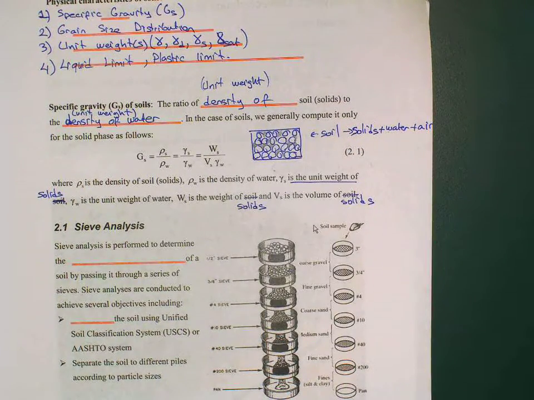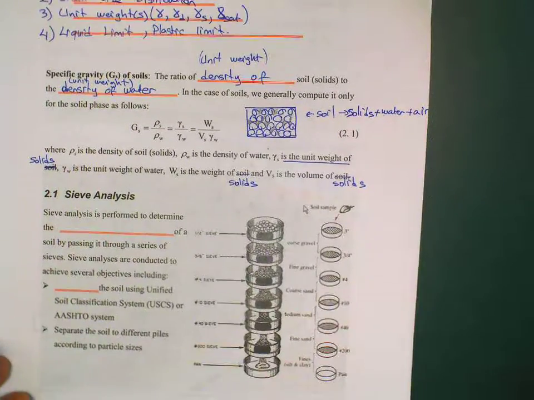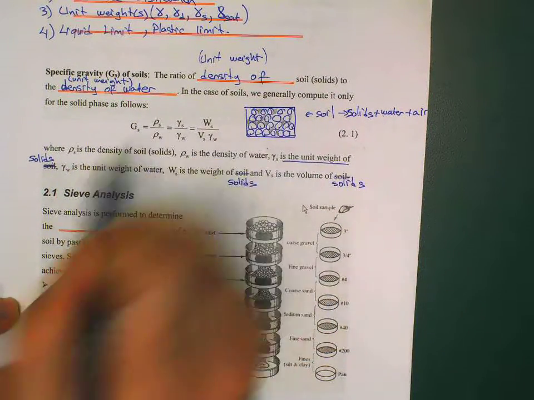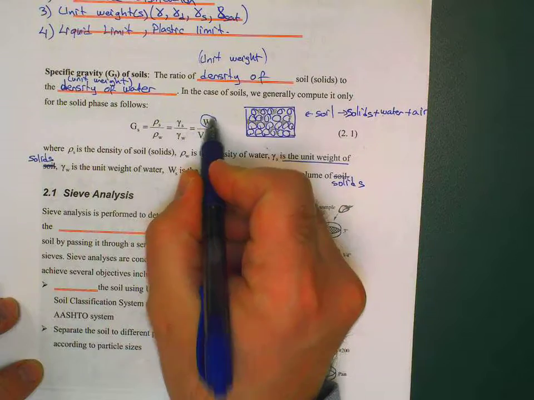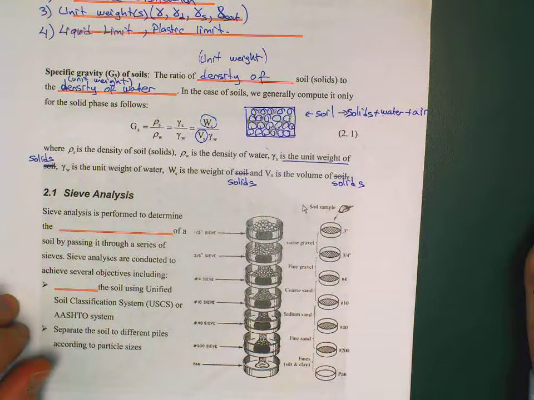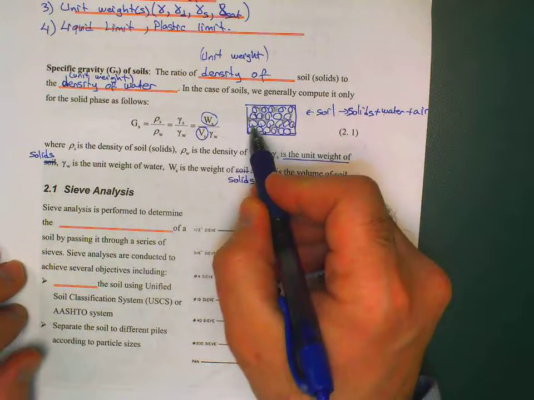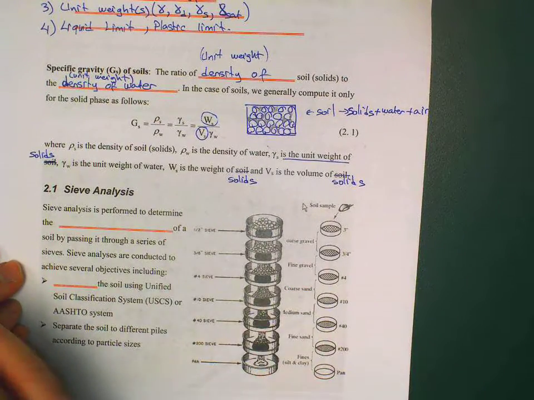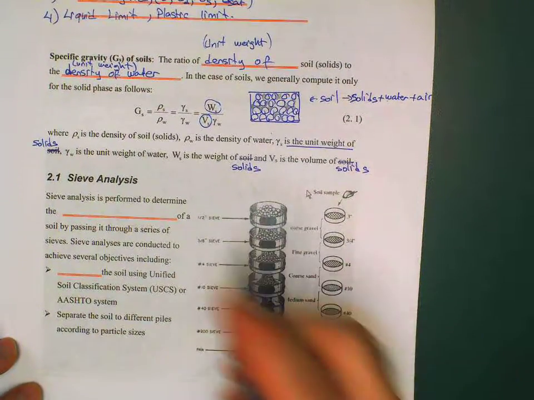So there are three phases. Phase diagram includes three portions: solids, water, and air. So this is the solid portion, the weight of the solids divided by volume of the solids. That does not include the water, it doesn't include the air either. So this is a definition.